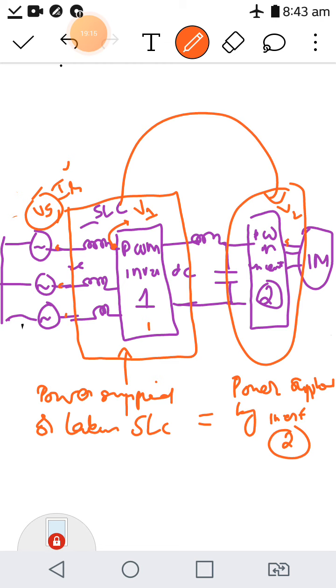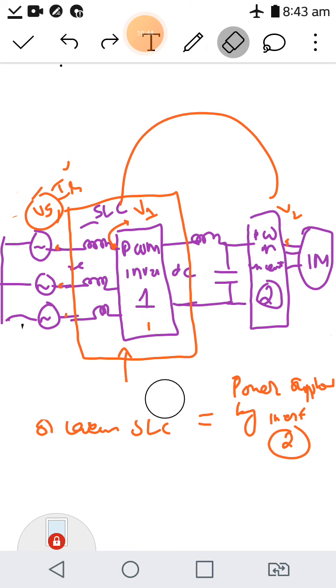That's the meaning. So normally during the steady state operation, this happens. When both are equal, no energy will be taken from the capacitor, and at steady state, the power supplied by the SLC should be equal to the power supplied by this inverter. This is achieved by providing a closed loop control of the DC link voltage.